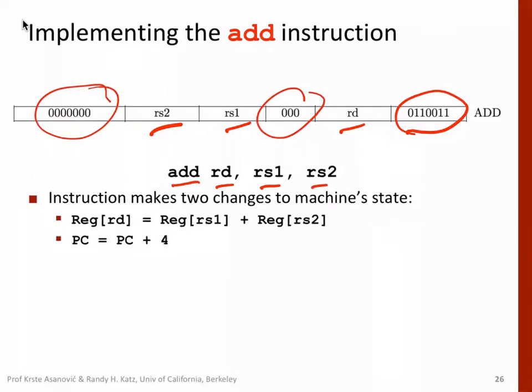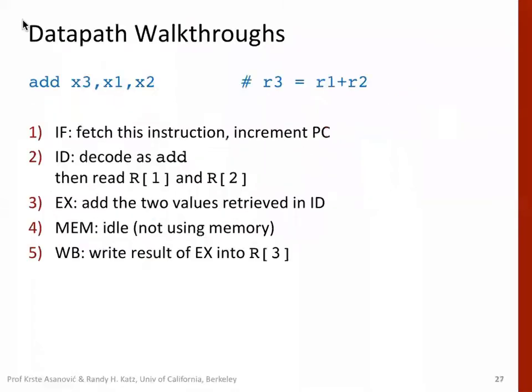Okay, and the RTL corresponding to this is that the contents of register RS1 are added to the contents of register RS2, the result is stored in register RD, and PC is incremented by 4. So what are the stages here? 5 stages. First, fetch the instruction and increment the counter.